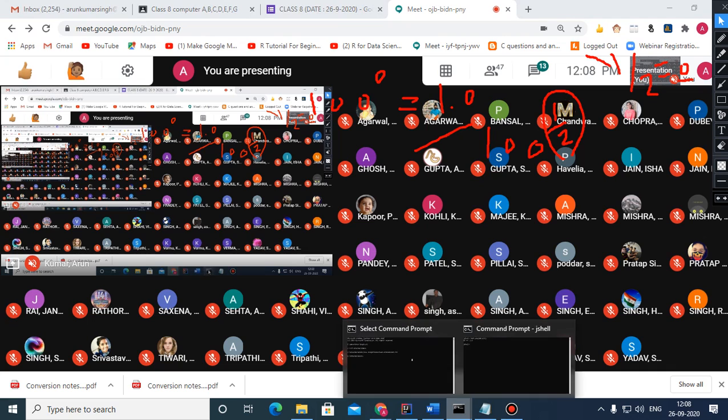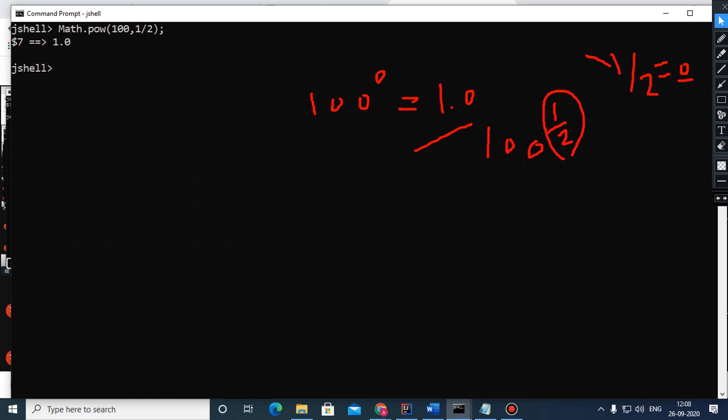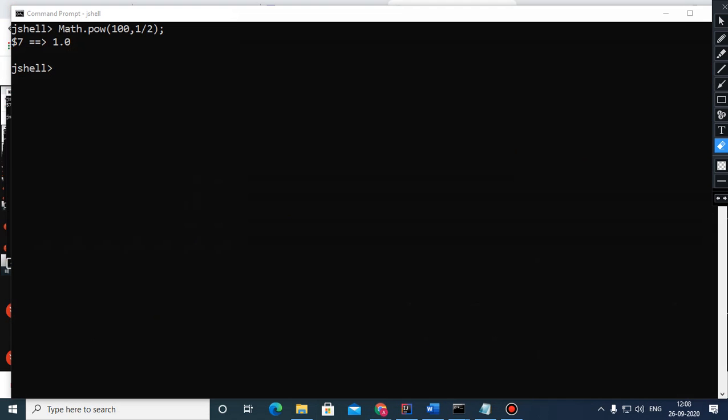If you have any confusion, any doubt, then please tell. So if you want to calculate the square root of any number using this pow function, it is better to write math.pow 10 comma 0.5, or you can write math.pow 100 comma 1.0 by 2.